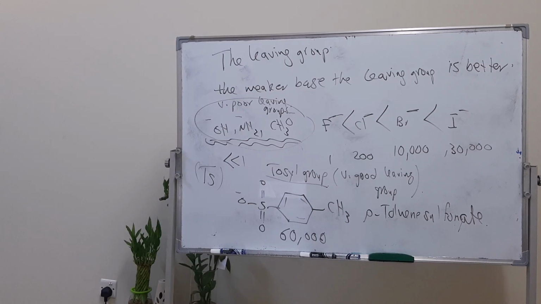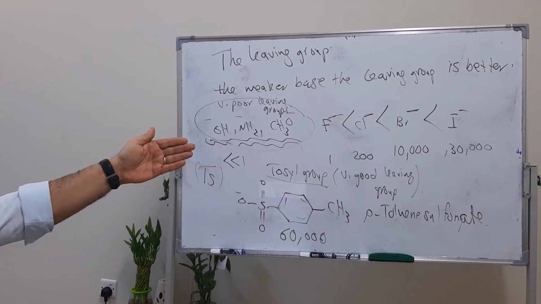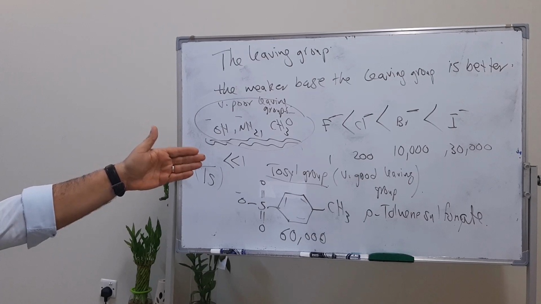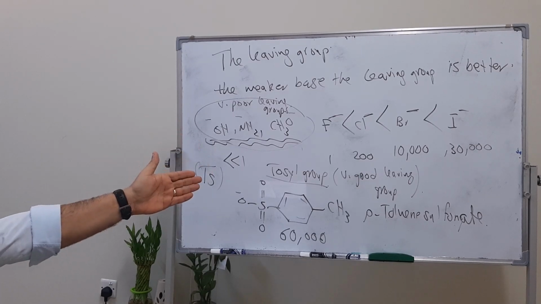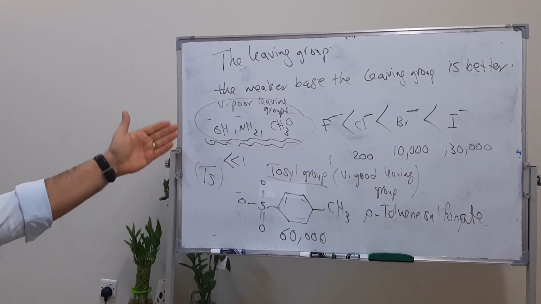When a reaction is 60,000, it's not 60,000 seconds or 60,000 minutes, it's just a comparison. You follow me? 60,000 times faster than the iodine, for example, which is 30,000 times faster than the bromine. The bromine is 10,000.